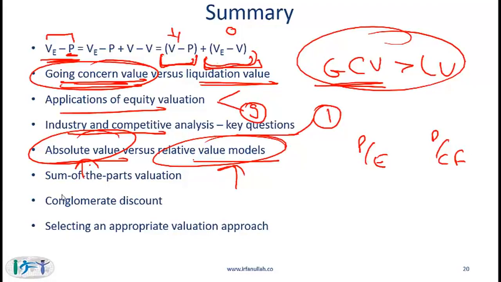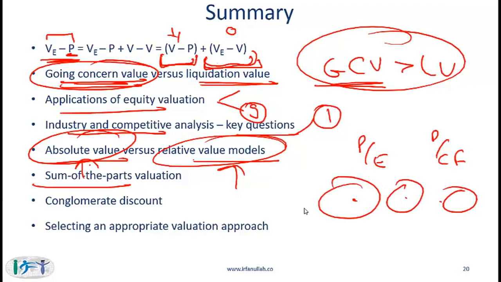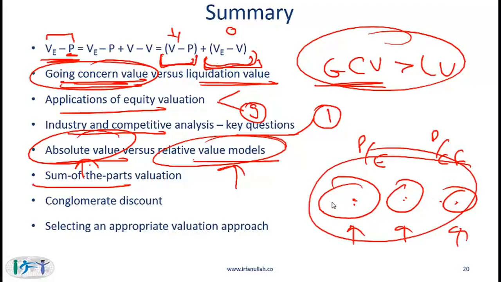Sum of parts valuation is where you have a business that has several segments, and these segments are somewhat unrelated, and maybe different valuation methods are appropriate for the different businesses. So you value each part separately and come up with a total value.